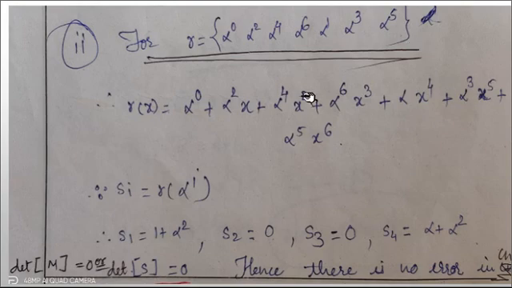So here, after R of x, we can obtain the related syndrome. But see here, S1 has this value, S2 and S3 are 0. Since the syndromes are 0, obviously the determinant will be 0, and we can say no error is present over here. So in the second code word, there is no error.